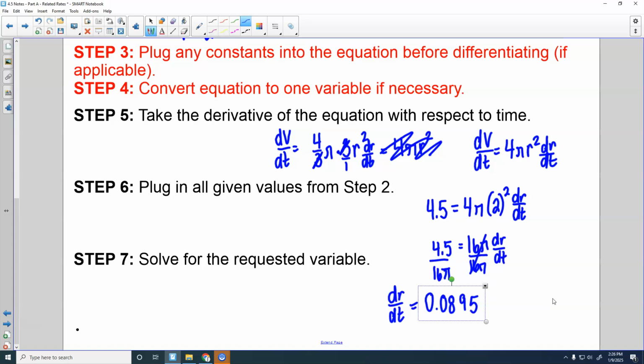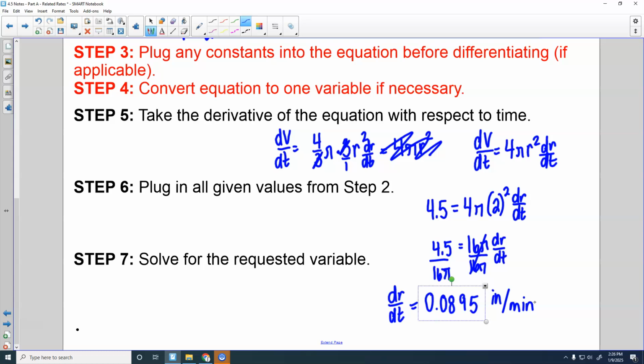It's not cubic inches. It's just inches. Because if you look at the variable you're solving for, dr is like change in r and dt is like change in t. So r would just be measured in inches, so it would be inches per minute. If it were dV/dt, it would be cubic inches per minute.